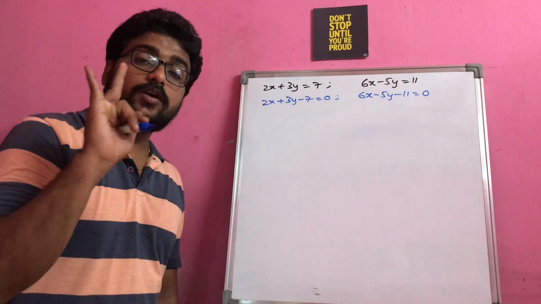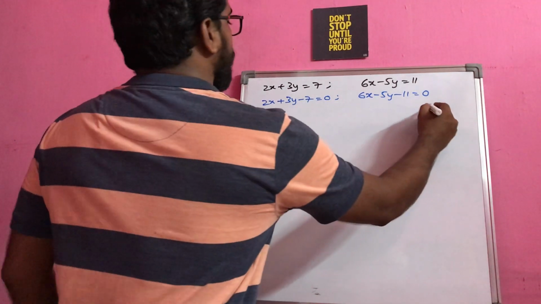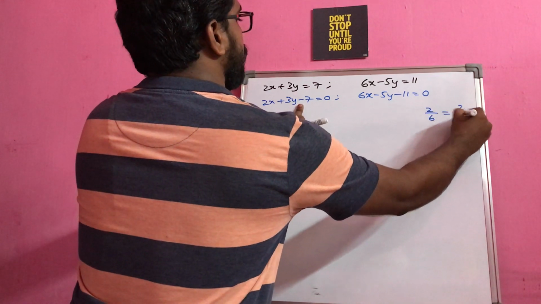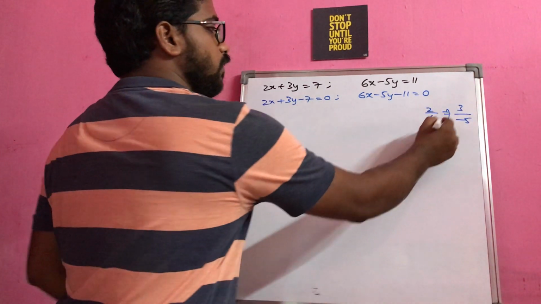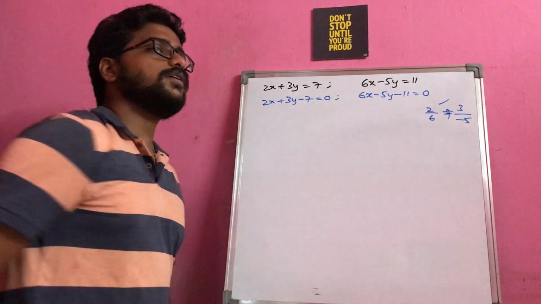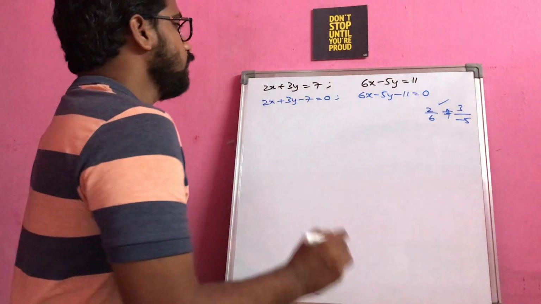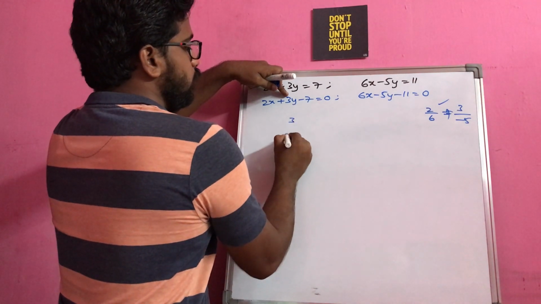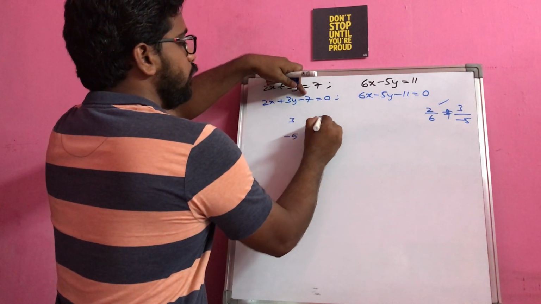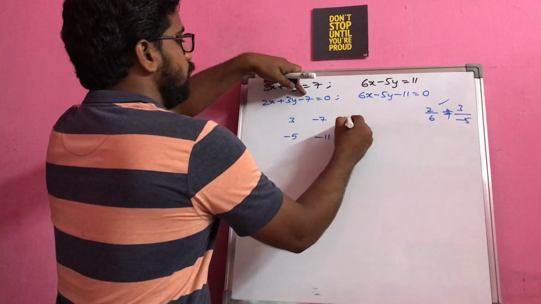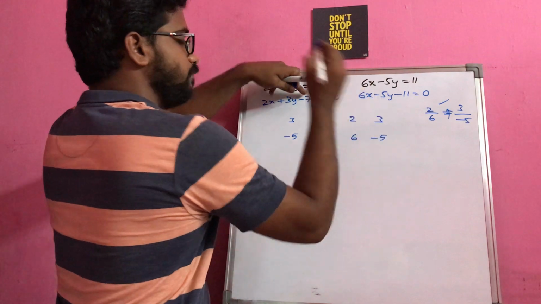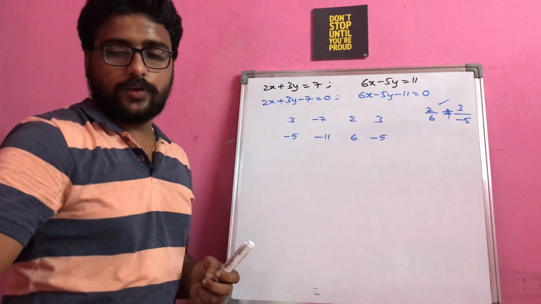Now the second thing, you have to cross check the condition. a1 by a2, that means 2 by 6, and 3 by minus 5 are not equal, so you can go ahead with the cross multiplication method. First b1 b2, 3 and minus 5, then c1 c2, a1 a2, b1 b2, as we learned already.